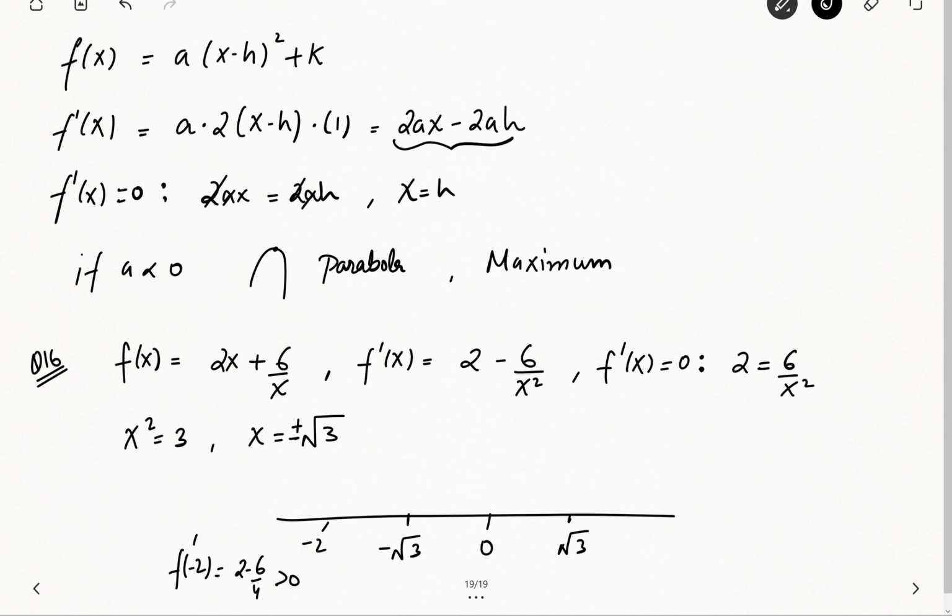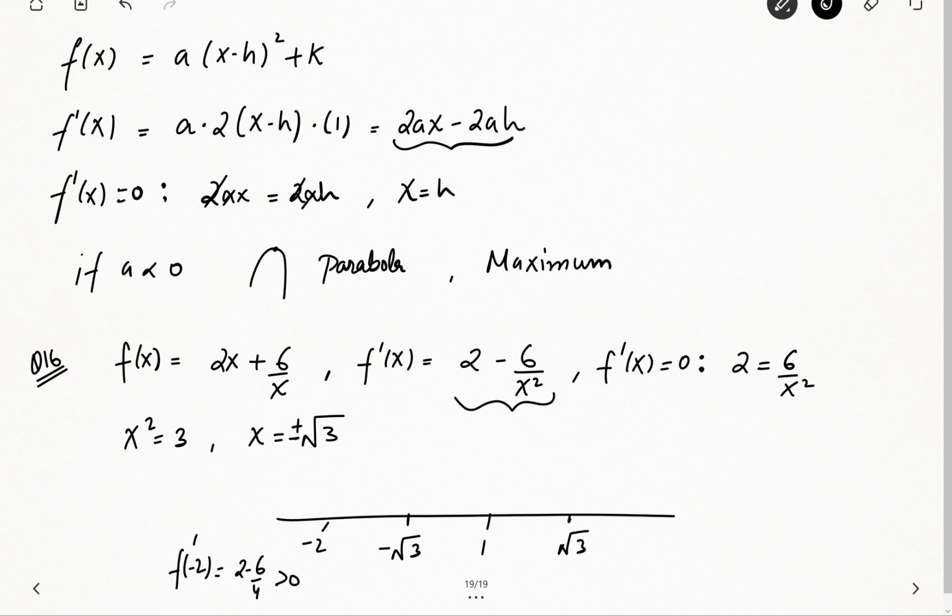Let's pick 0 in the middle. You cannot pick 0 in this case because the derivative has x in the denominator. It'll just go crazy. So instead, let's pick 1. 1 is less than square root of 3, so we can pick that.